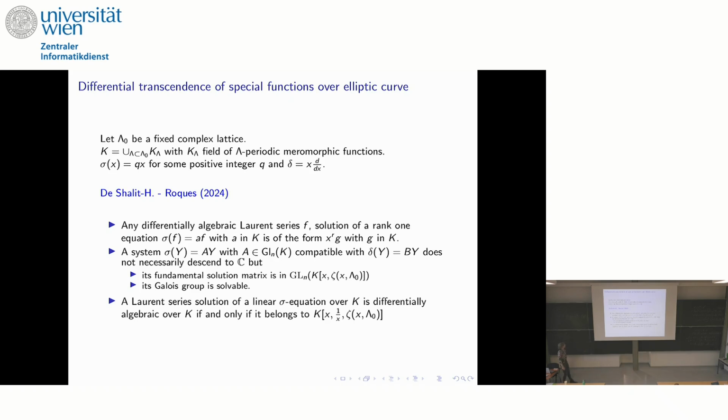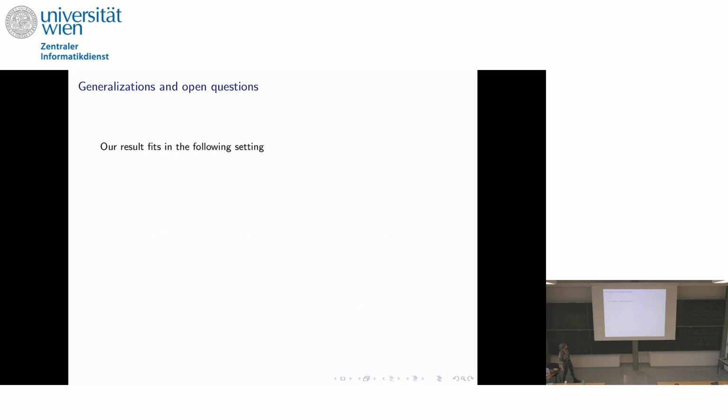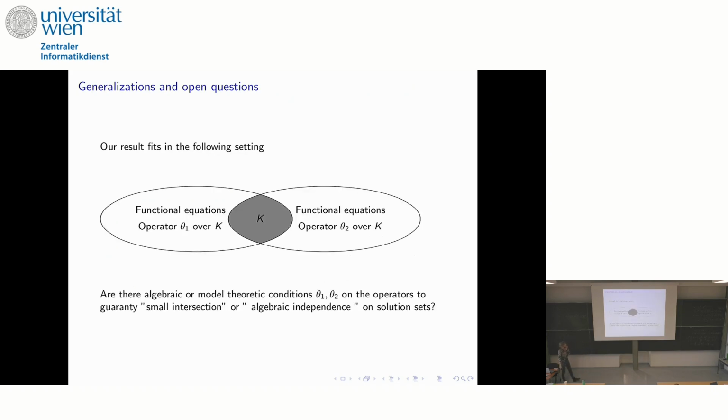Okay, so let me conclude this talk. More generally, our results fit in the following setting. You have a functional equation in one operator, theta 1, over some field k, and you have functional equations with respect to another operator, theta 2.